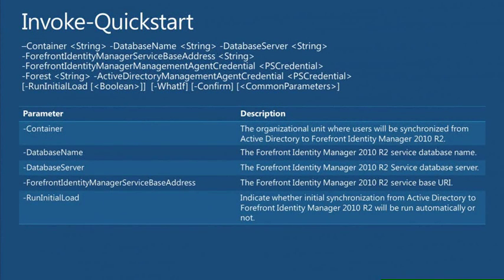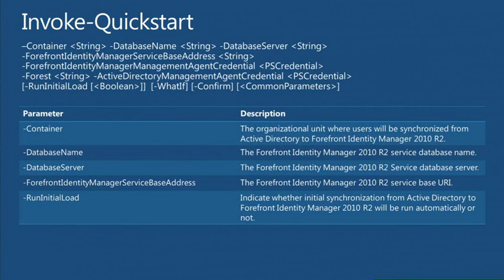There's a whole host of arguments because it's going and talking to so many different components. It needs to know what Active Directory container you want, the databases, all the credentials you need. But I think you'll agree that this is probably a lot easier than following the step-by-step guide if all you want to do is just say, hey, password reset, does it work for me or not? Now what this will do is bring in data from one container.